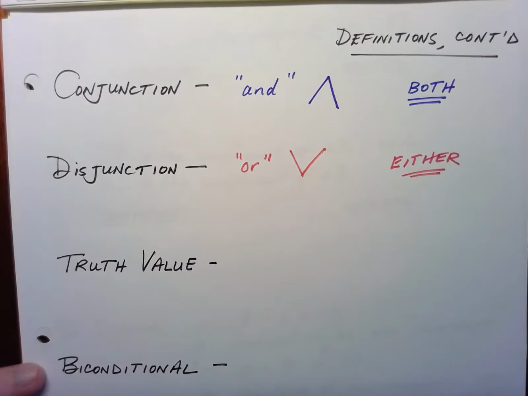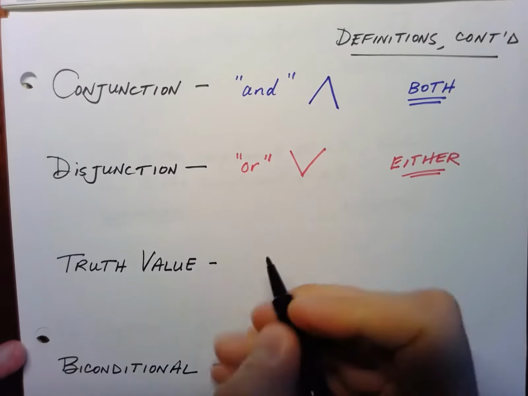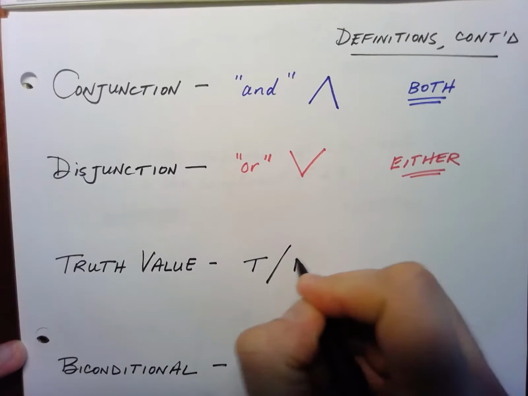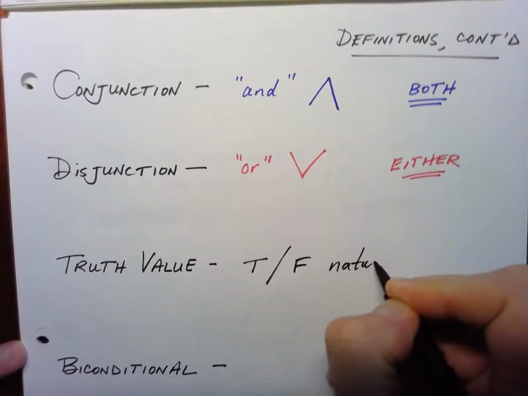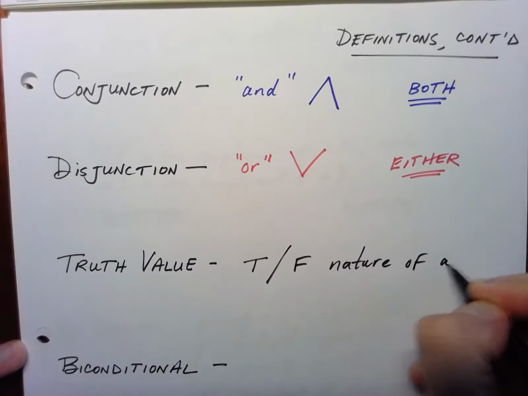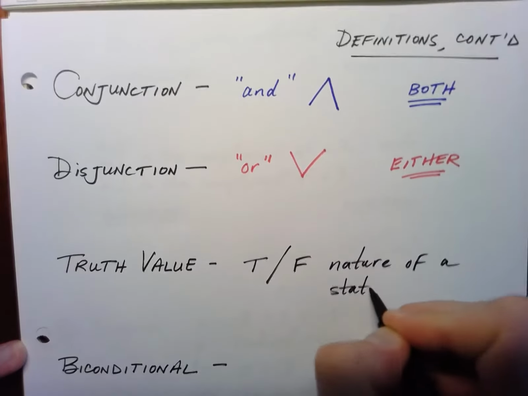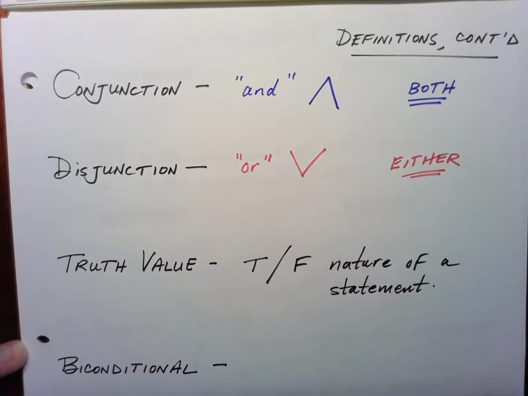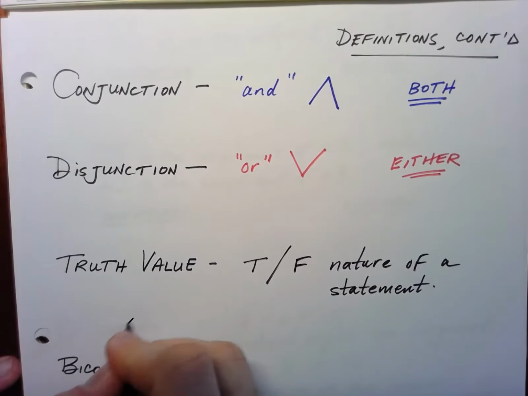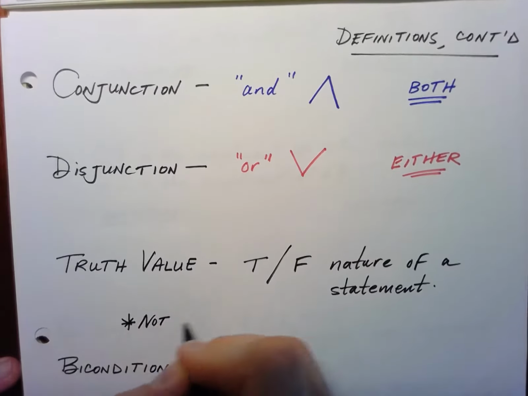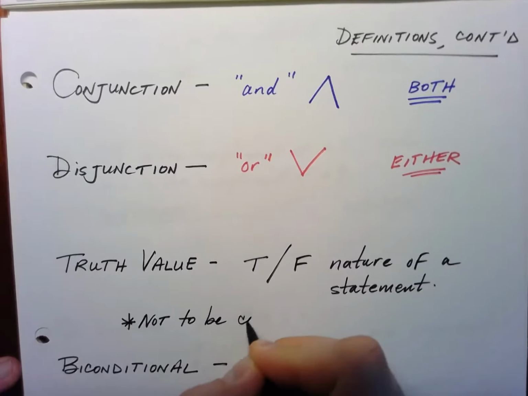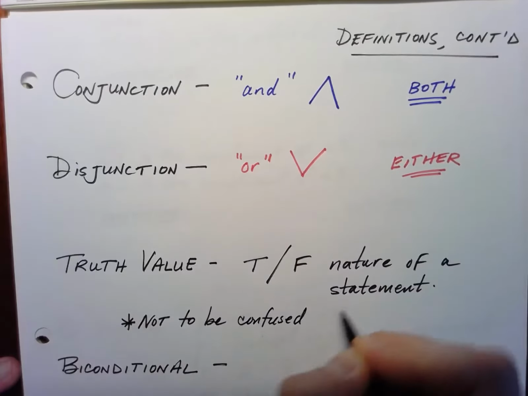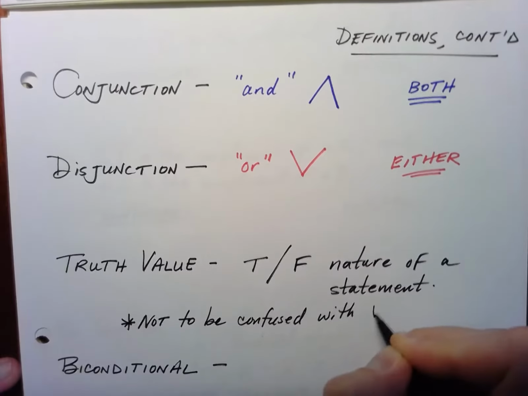The truth value is the true or false nature of a statement. Okay? The true or false nature of a statement. Not to be confused, let me write this out right here. Not to be confused with validity.